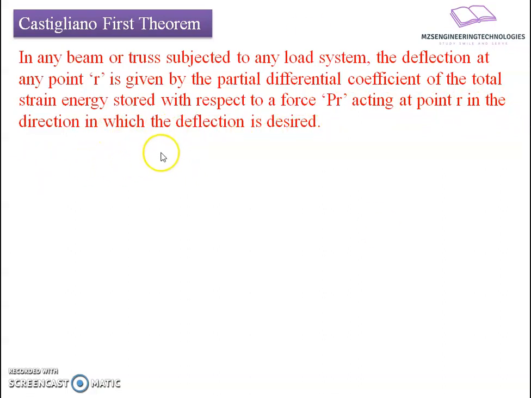In this statement, he wants to say that if I am interested in the deflection under a particular load at a particular location, then I take the partial derivative of the total strain energy stored with respect to the variable force where I want the deflection.